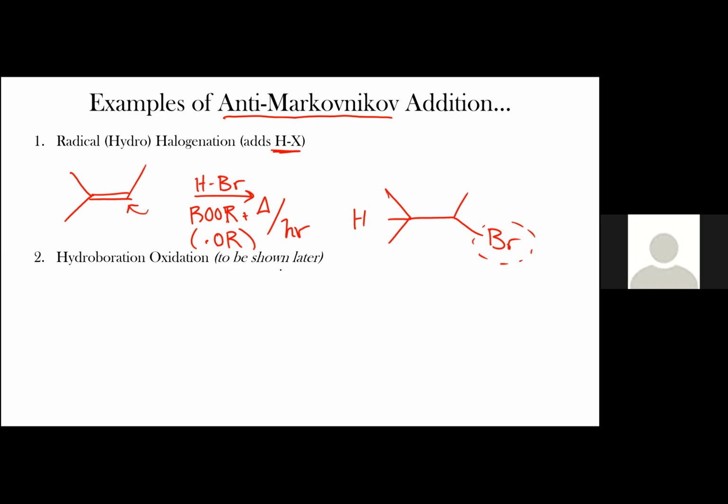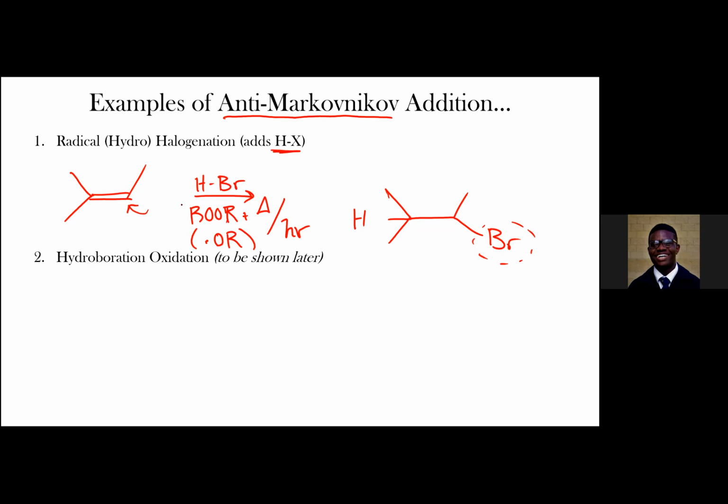I'm sorry, I just have a quick question. I'm not sure if it was just me, but you cut out when you were explaining why it was being put on the least substituted carbon. What is all that writing underneath the HBr? Oh, yeah. This is just going to have to do with the mechanism. I don't think you guys have seen the mechanism. You will see it later on in 3570. But long story short, it just comes down to the mechanism.